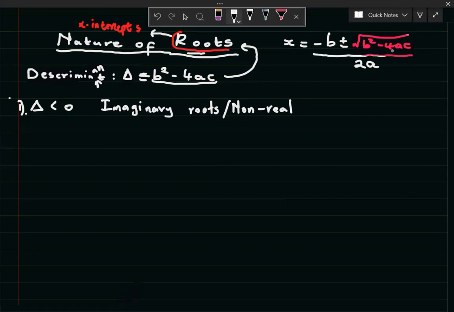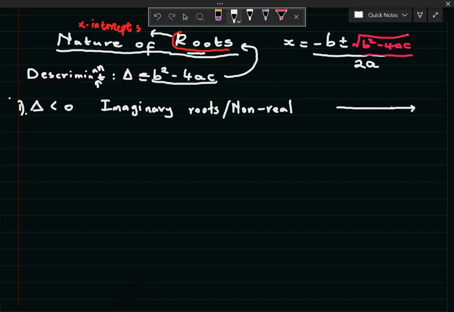Now I just want to show you how this is related to the parabola. If your roots are imaginary, or your delta is negative, this is how your parabola is going to look. I'll do a rough sketch.